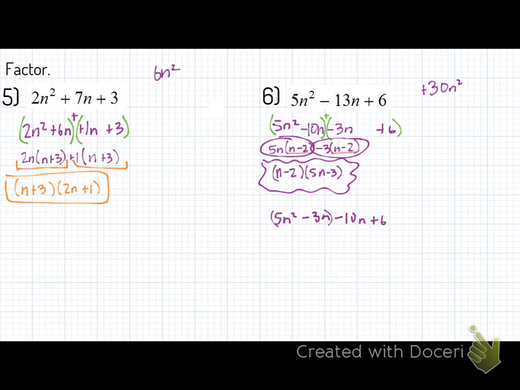The first group we have n coming out, so we got 5n minus 3. The second group we could take out a negative 2, which is going to be 5n minus 3 again. So we get the same answer. We got 5n minus 3 times n minus 2. Anyways, I wanted to show you both ways. It's the same answer. That concludes the lesson.